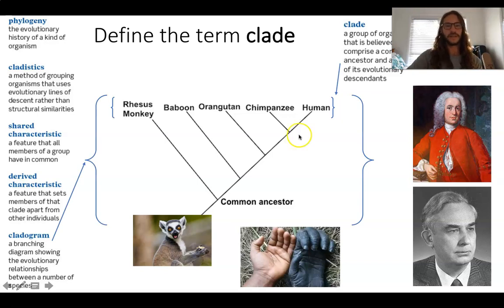A cladogram is the entire graph that we are looking at. And it's also worth pointing out that these graphs are in relation to time. So humans are the most recently evolved. The rhesus monkey is the most primitive in the evolutionary line based on a cladogram.